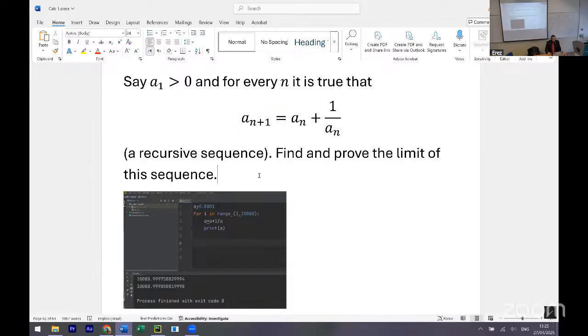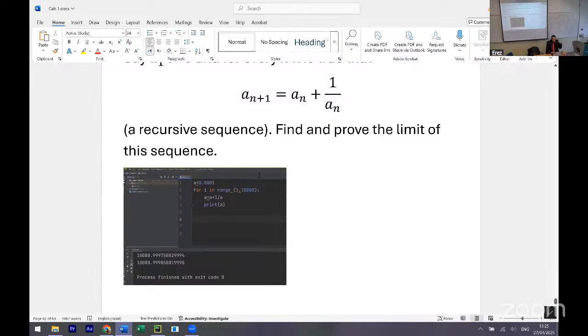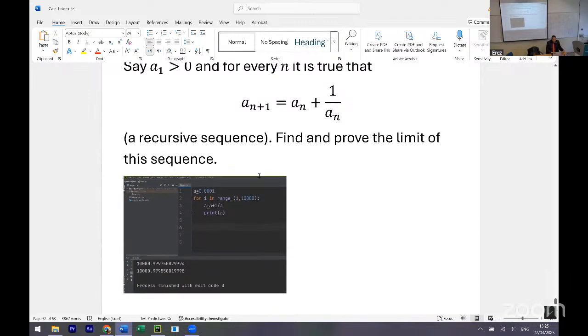Not sure. It might depend. I'm not sure because I only have 5 minutes and I wish to prove that. I'm not sure what happens if you start with a negative number, whether it always goes to minus infinity. If you take a negative number, then this is negative and this is negative, and you get just minus the positive case.